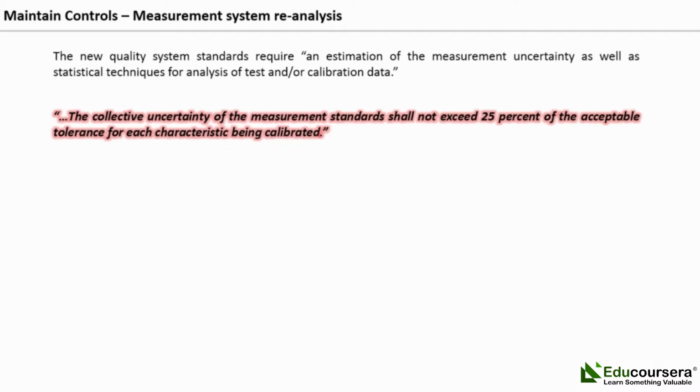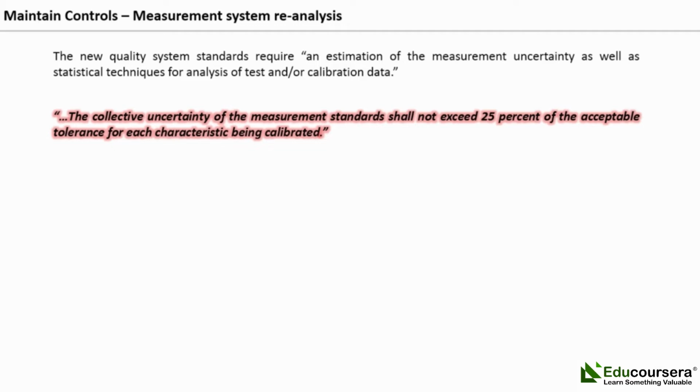The collective uncertainty of the measurement standards shall not exceed 25% of the acceptable tolerance for each characteristic being calibrated. For automotive suppliers, Quality System Requirements QS 9000 1998 states, appropriate statistical studies shall be conducted to analyze the variation present in the results of each type of measuring and test equipment system.